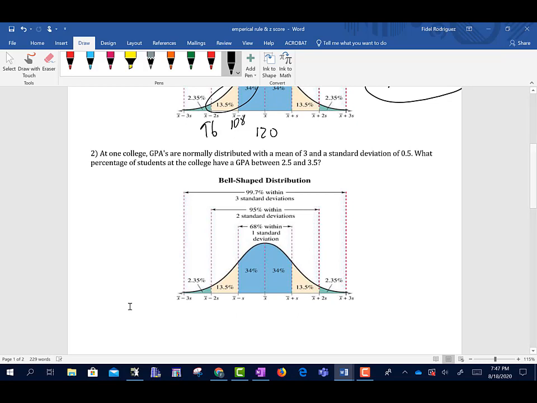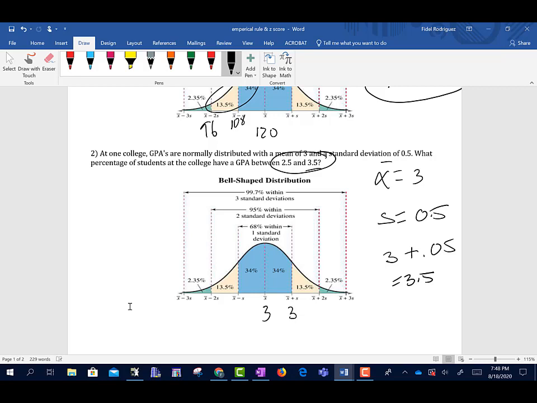It says at one college, GPAs are normally distributed with a mean of 3. So my X bar is equal to 3, and my standard deviation is 0.5. What percent of students at the college have a GPA between 2.5 and 3.5? Notice my upper limit is 3.5, which means now I have to add.